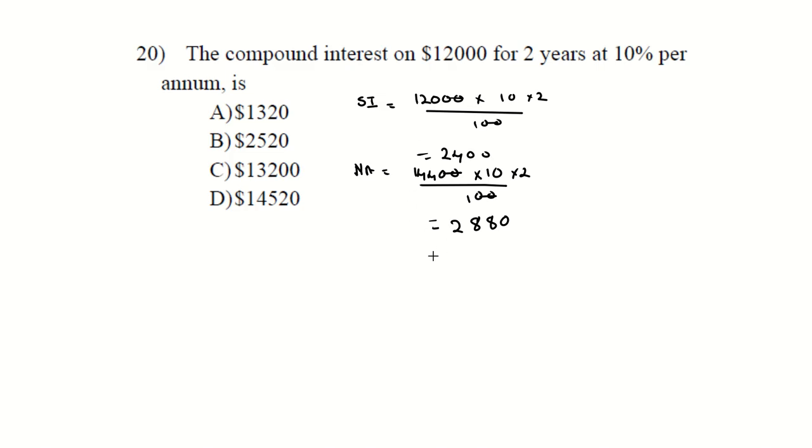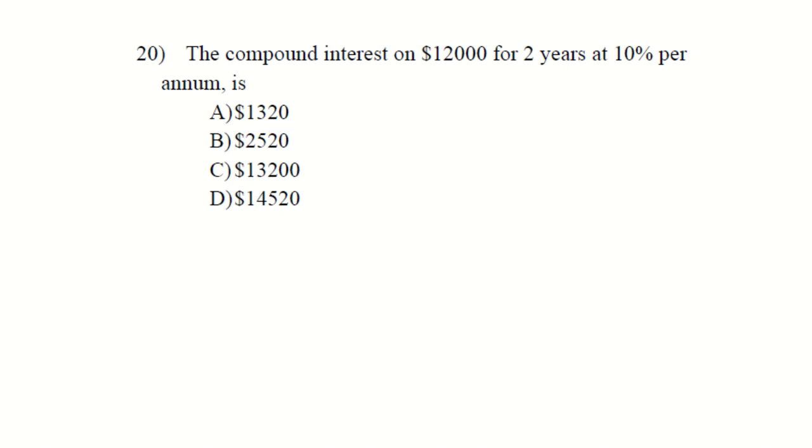They want to know the compound interest. Alright, let's just redo this question. When you're doing this question, we can use the formula for compound interest. If you could remember the formula, this is something that you have to remember: amount is equal to principal by 1 plus r over 100 to the power of n.